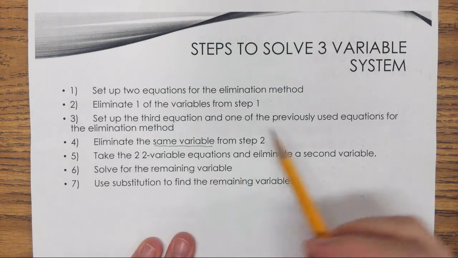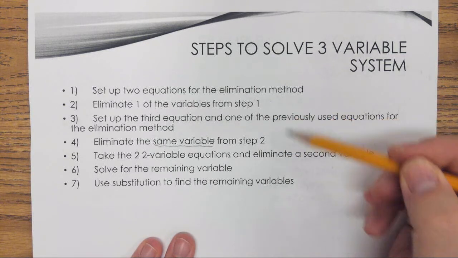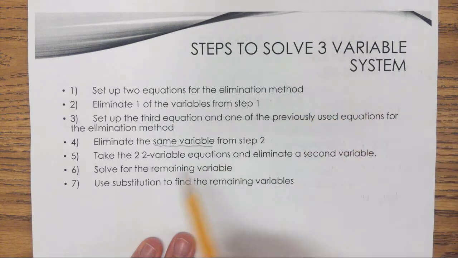Alright. After you do that, then you have 2 new equations, and you're going to use those 2 equations together. So you have two variable equations, and then you're going to be able to eliminate the second variable out of those 2.